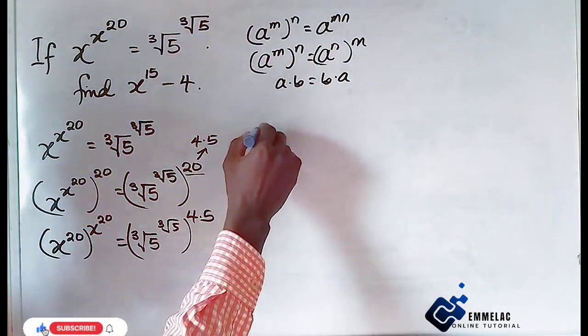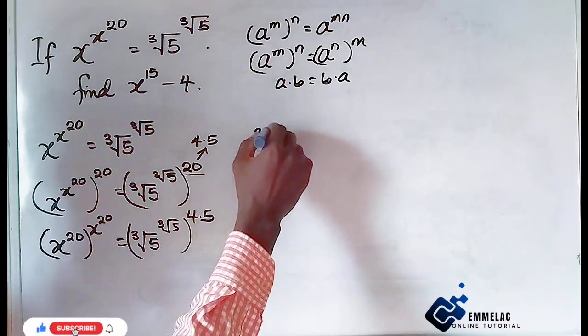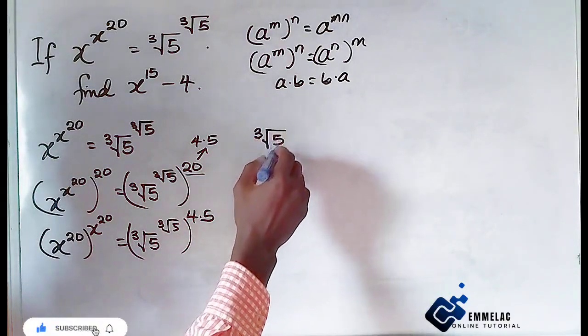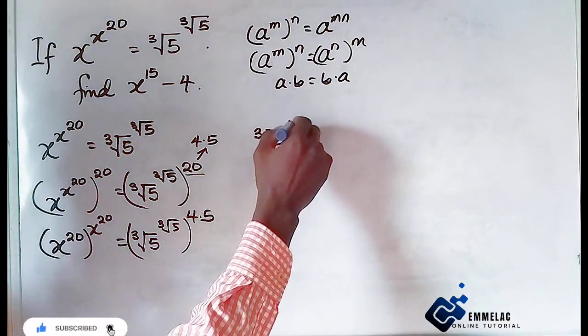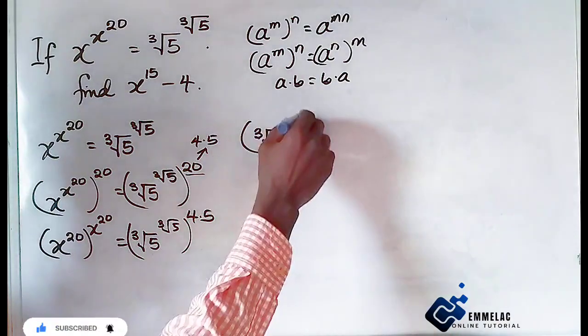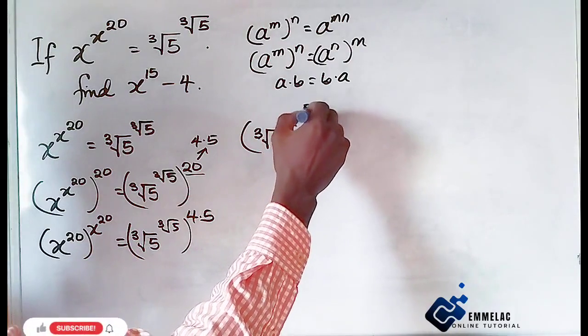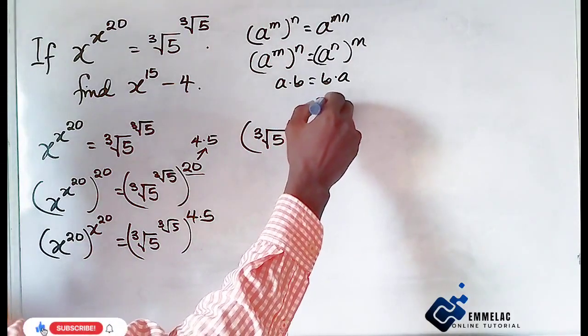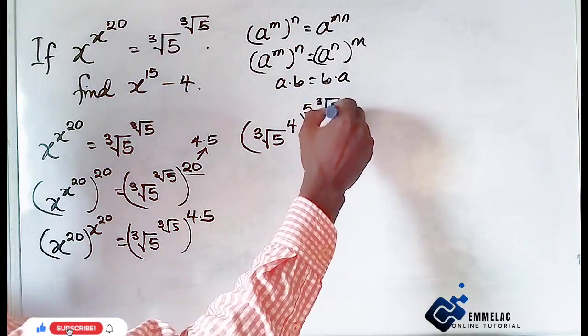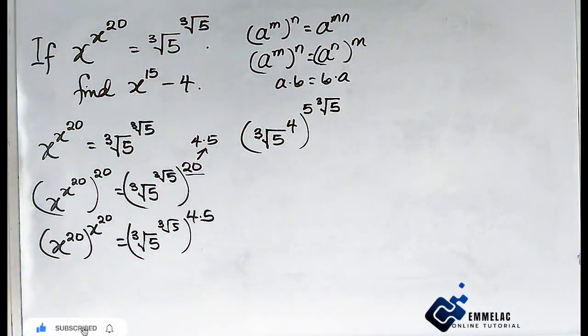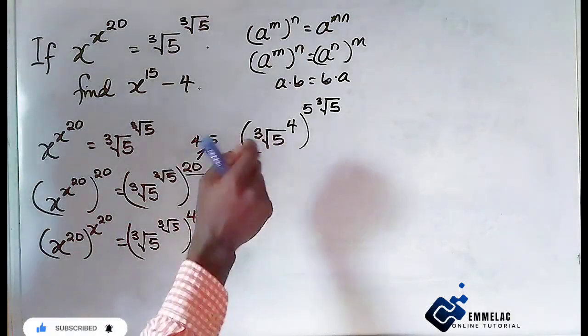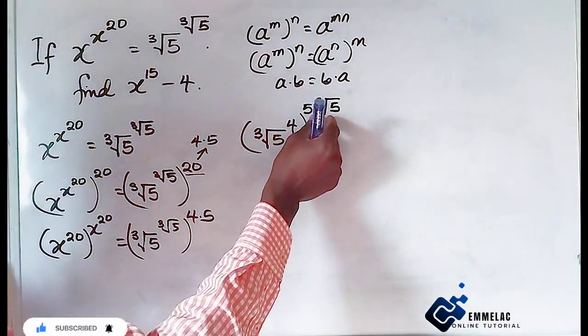So this can be the cube root of 5 to the power of 4, raised to the 5 times the cube root of 5. Now let us deal with this power.